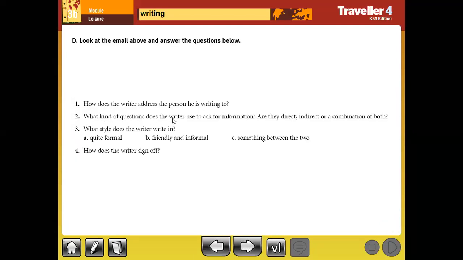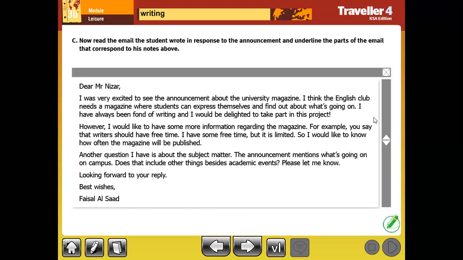What kind of question does the writer use to ask for information? Are they direct, indirect, or a combination of both? Let's move on to the passage again and see.